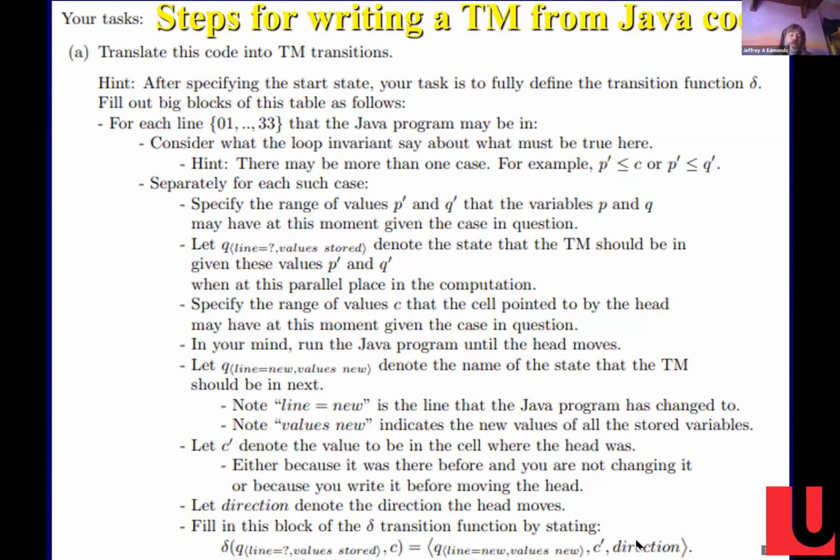A Turing machine requires that just before it moves the head, it writes a value. You always have to write a value just before you move the head. So one option is to write the same value that was there before. If you're reading, say, C, then you write C and you don't change the value. Another option is you have a new value. The Java code tells you to write some value into the tape, and then we need to know what is the value I'm writing into the tape, and here you write that value into the tape.